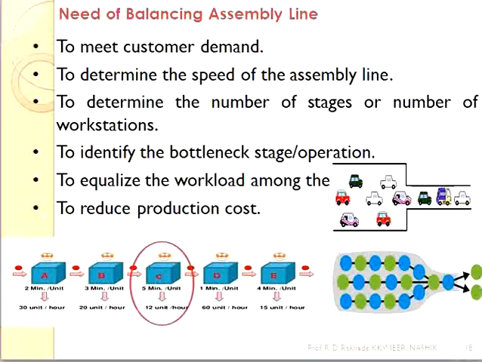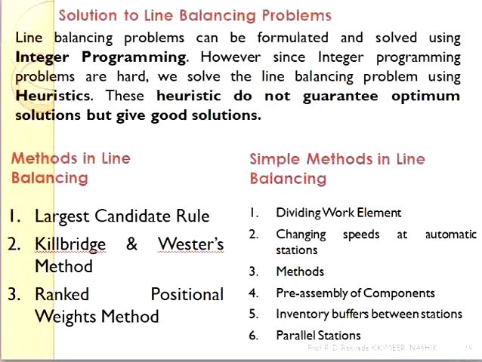So if your line balancing is done very well, your production cost or product cost is obviously minimized. Other needs are to determine the speed of the assembly line, to determine the number of stages or workstations, to identify the bottleneck stages of operation, to equalize the workload among the workstations, and to reduce the production cost.